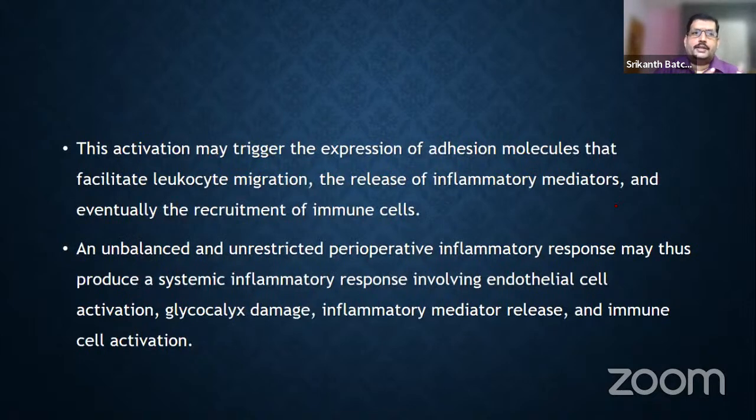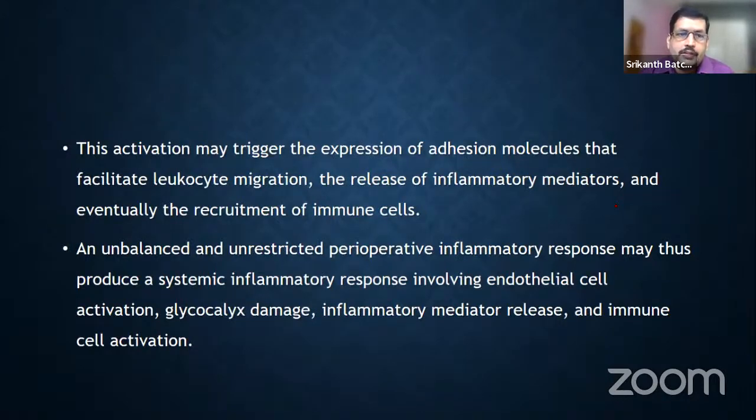Danger has come, DAMPs have been activated, they have acted through these receptors and start to activate the expression of molecules. They facilitate leukocyte migration and other adhesion molecules, the release of inflammatory mediators occurs, and eventually the recruitment of immune cells. So all this is good enough. There will be cell secretion, migration, inflammatory mediators and so on.